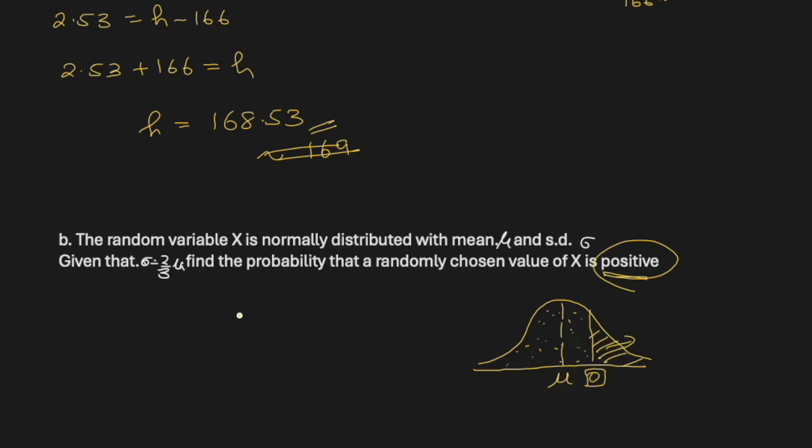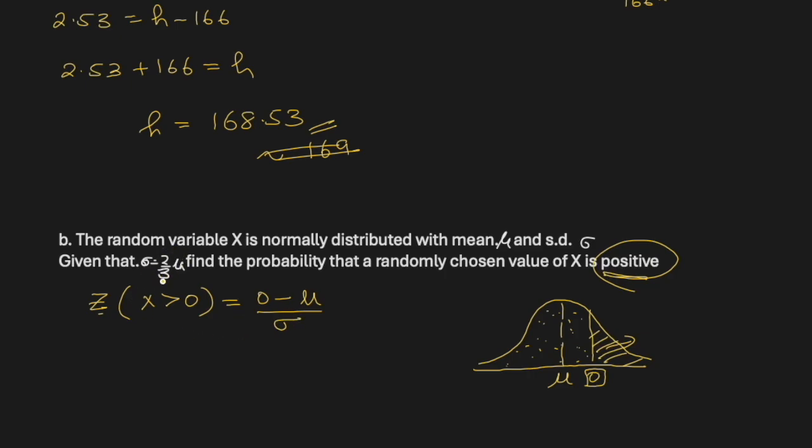So again, what will I do? I will find the z score for 0 first. Let me write it properly, the mathematical way. X is greater than 0. Z score for that will be 0 minus mean. Mean is mu, over sigma, right?